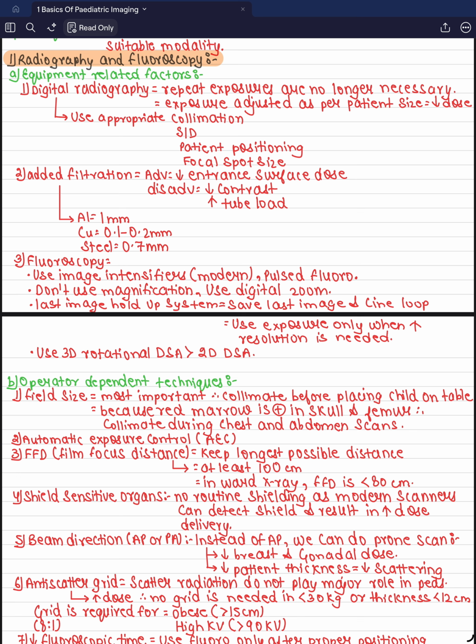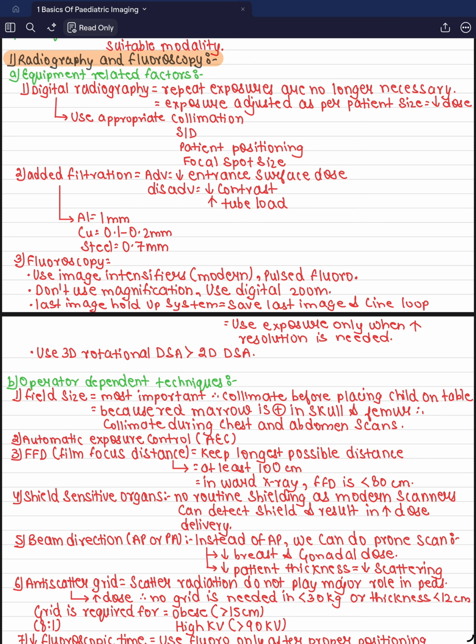First, we have digital radiography. Earlier we used conventional radiography, now we have digital radiography. The advantage is that repeat exposures are no longer necessary. You don't need to take the x-ray again.